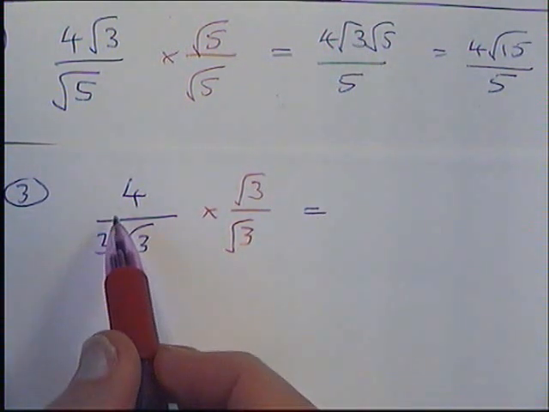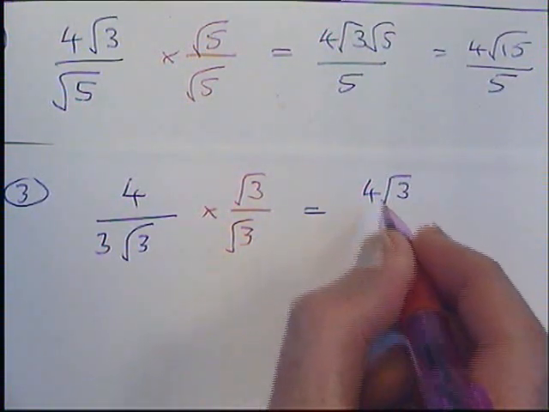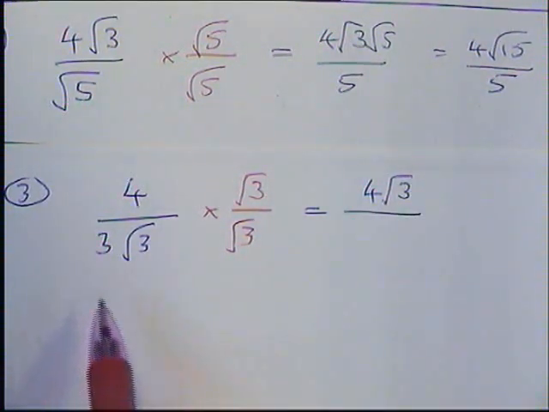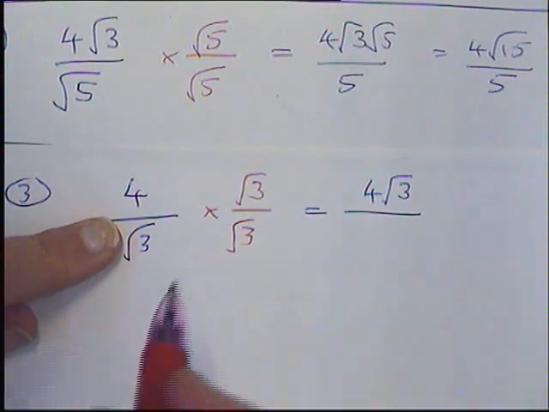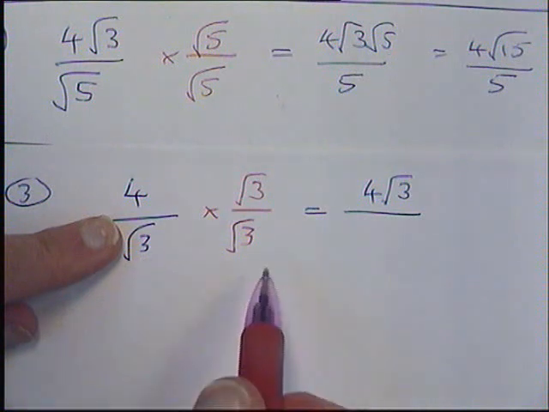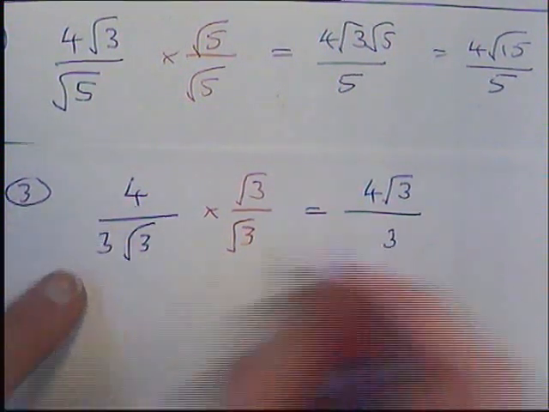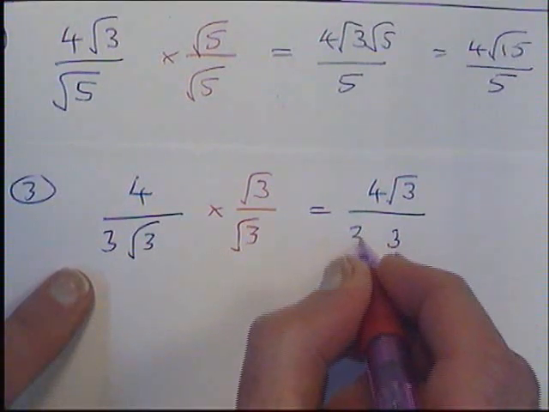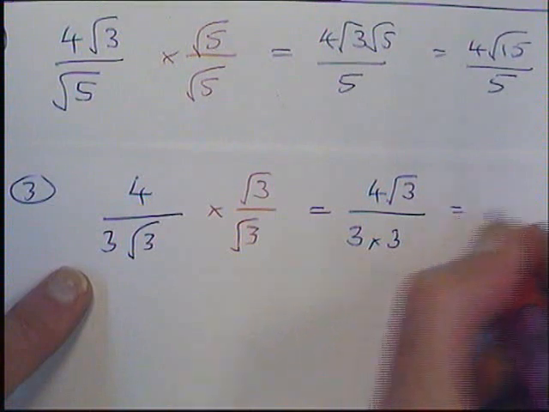So on the top, we have 4 lots of root 3, which we just write down like that. On the bottom, if I cover this first 3 up to start with, what is root 3 times root 3? 3, yeah. And then this 3 is also here. And 3 times 3 is 9.